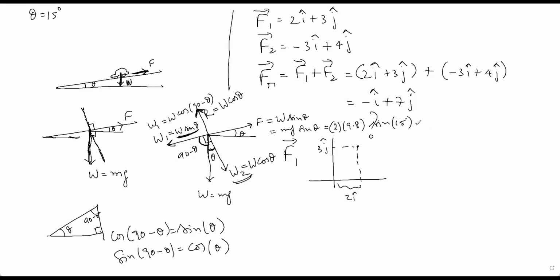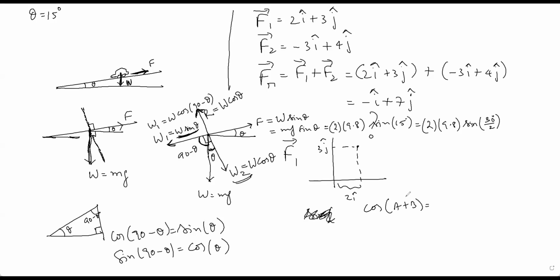Okay, let me do a bit of mathematics, I love to do mathematics. So 2 times 9.8, times sine theta. Sine 15 is actually sine of 30 by 2, right? Okay, can you tell me the cosine of A plus B?